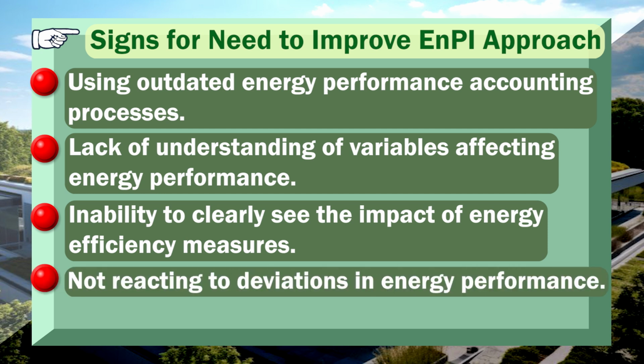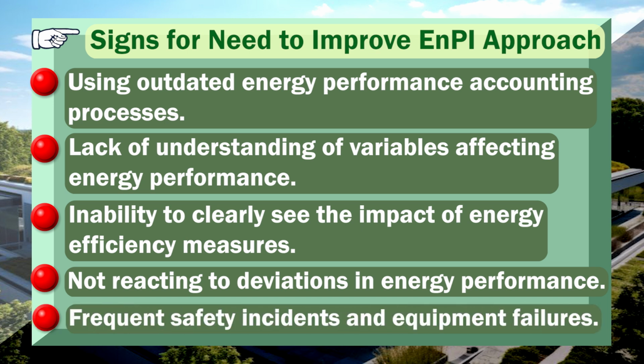You are not routinely monitoring performance or reacting to deviations. Your energy performance indicator graphs require a lot of interpretation. Safety incidents and equipment failures are happening more frequently. If any of these apply to an organization, it's time to rethink their approach to EnPIs.